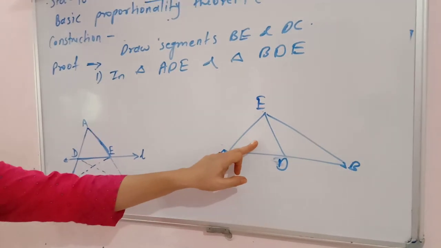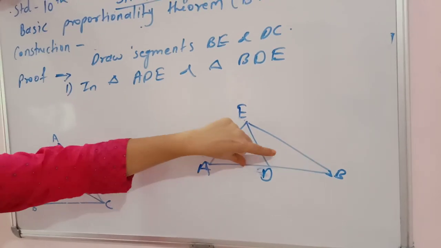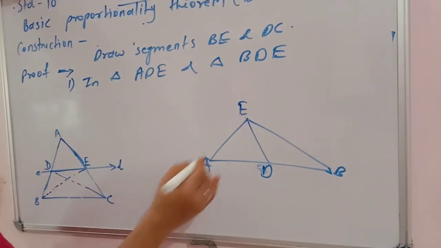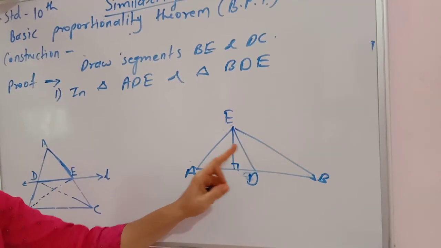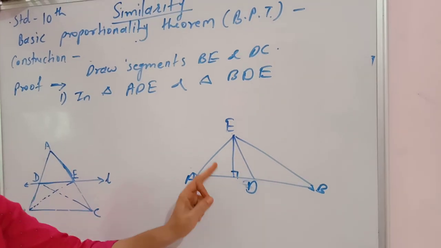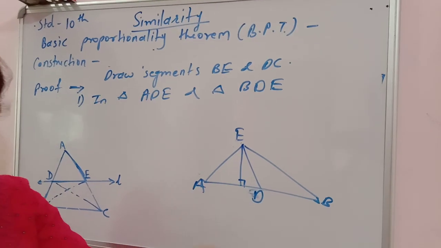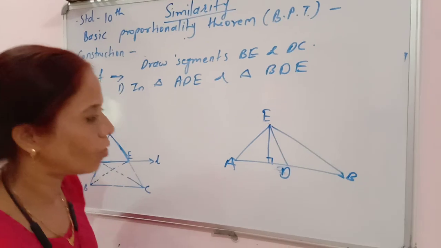They have the common vertex E, and therefore they have the same equal height. So the ratio of the areas of these two triangles is in the proportion of their bases.